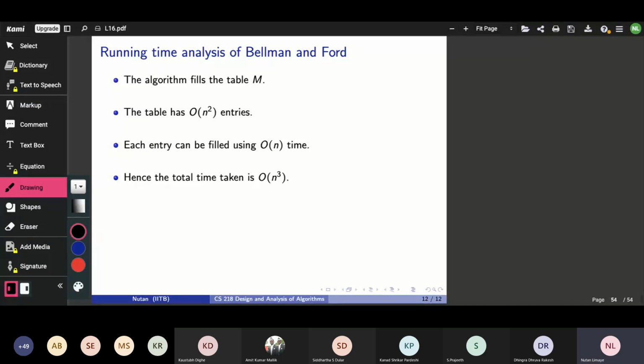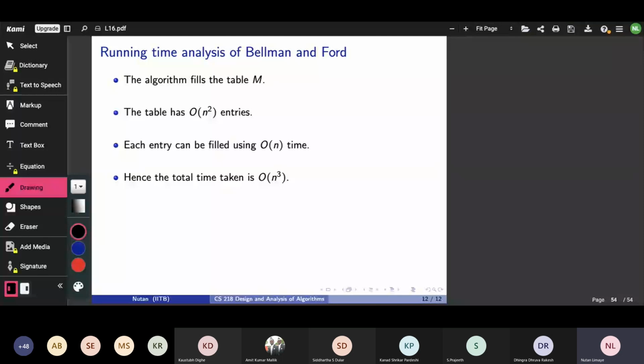Okay. So that's really it. What we did here is we studied the Bellman and Ford algorithm for finding shortest paths in graphs which may have negative weights but no negative cycles. In the textbook, there is an adaptation of this algorithm for the case where the problem is slightly changed.